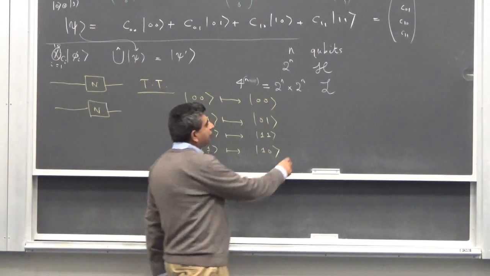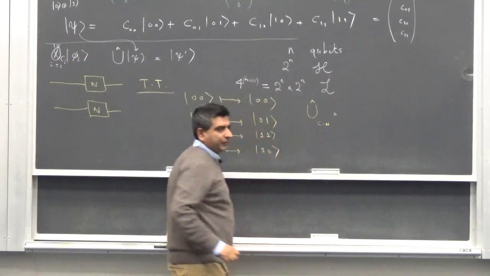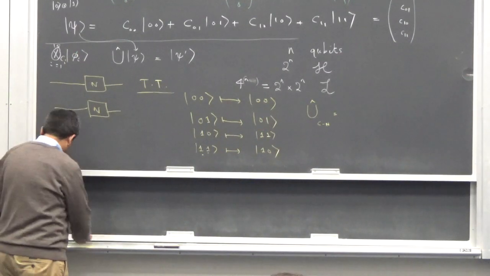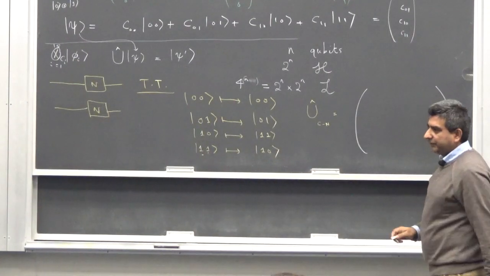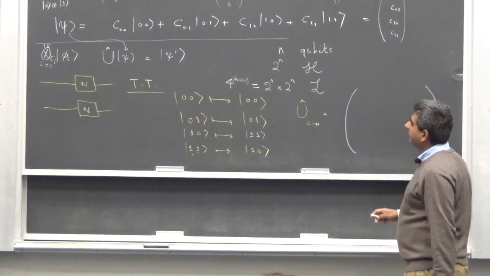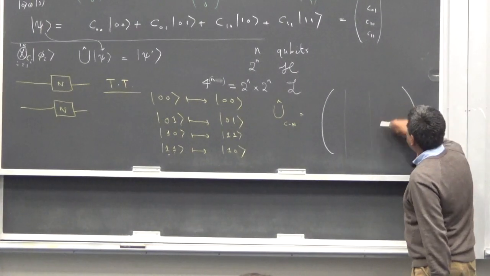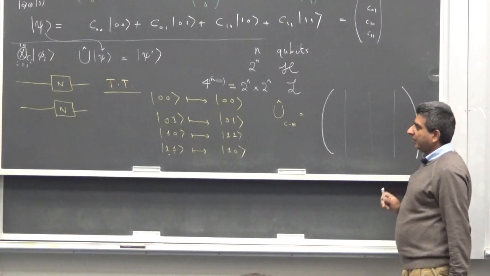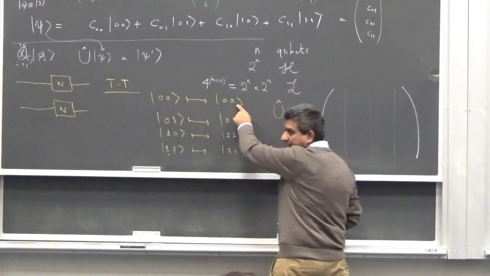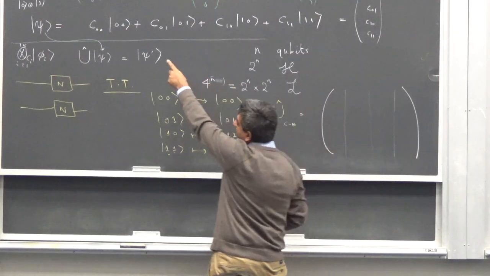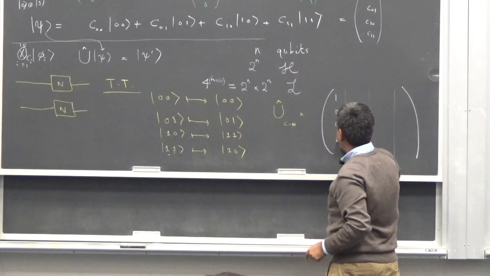Alright, so now I would like to write down the matrix for this gate. And the ordering that I would like to use is, by looking at the kets that I've written in green at the top, it's straightforward to write down the matrix form. So I take the first basis element, 0, 0, and find what the output is. I supply the output 0, 0 in the first column here.